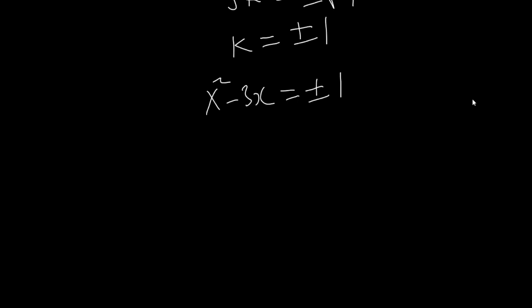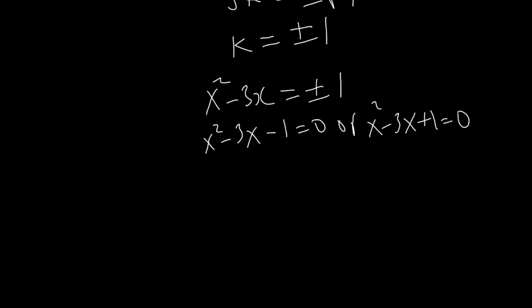So you have to put this in standard form, meaning that we have x squared minus 3x minus 1 is equal to 0, or x squared minus 3x plus 1 is equal to 0.